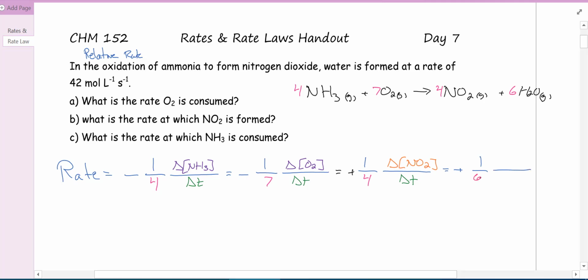Those are the coefficients in pink, right? Change in concentration of H2O over the change in time, delta T.